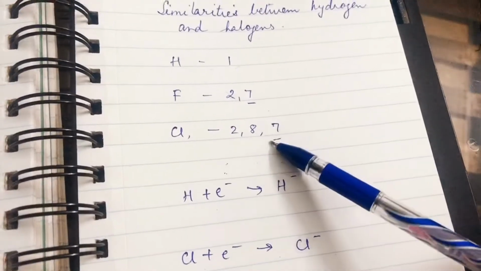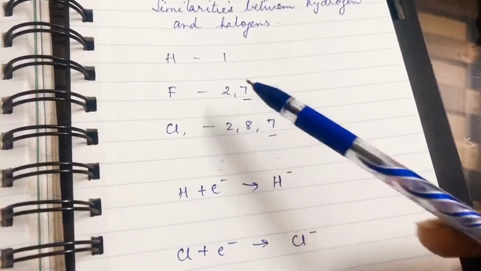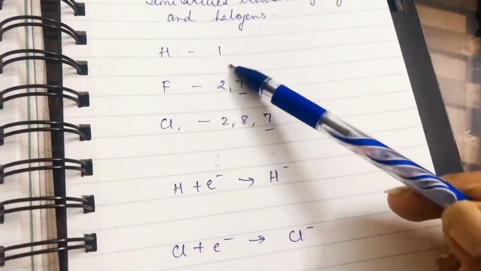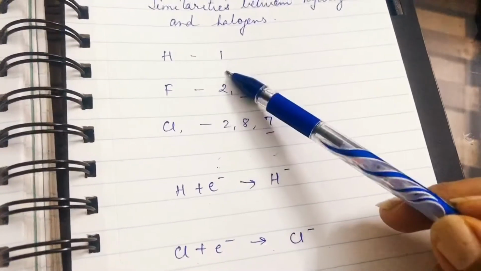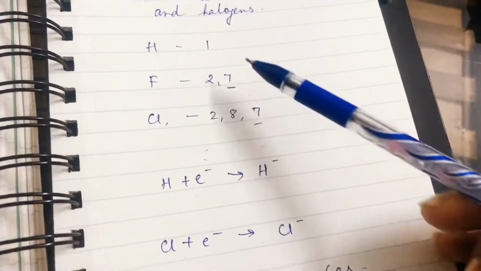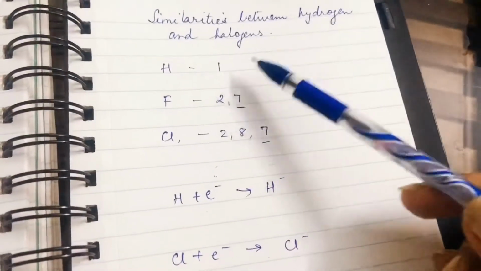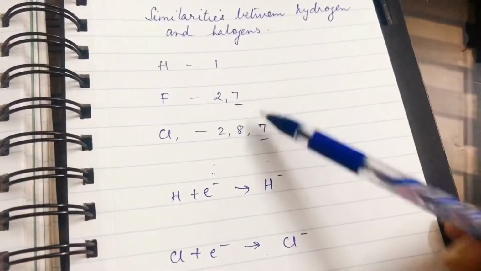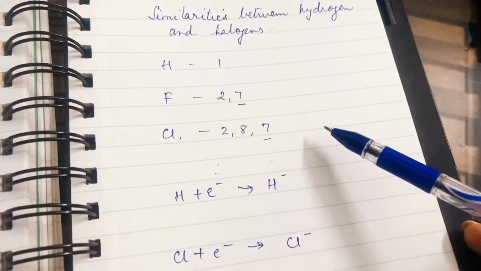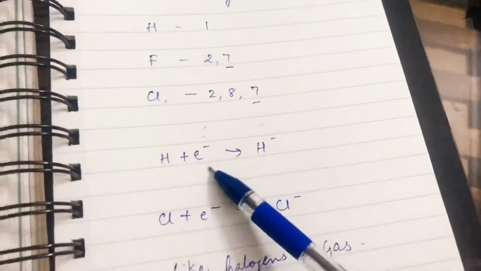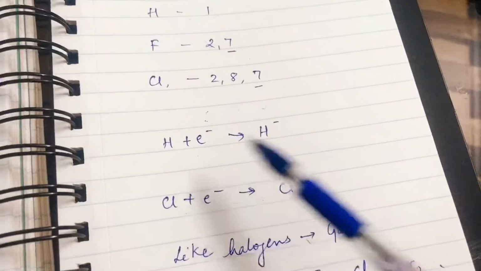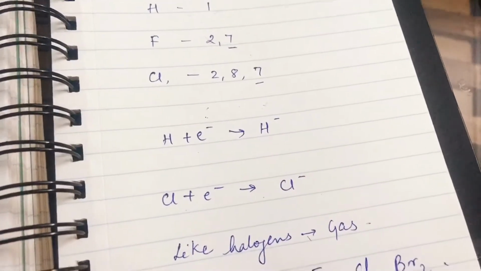So we require one more electron to complete the octet. Same with hydrogen, we need one electron to complete its shell. So students, we got to know that yes, hydrogen is similar to halogens because they all require one electron to complete their outermost shell. So they will gain one electron and participate in bonding.